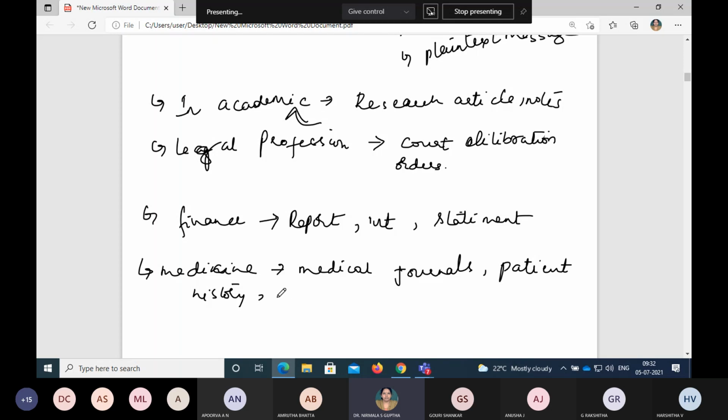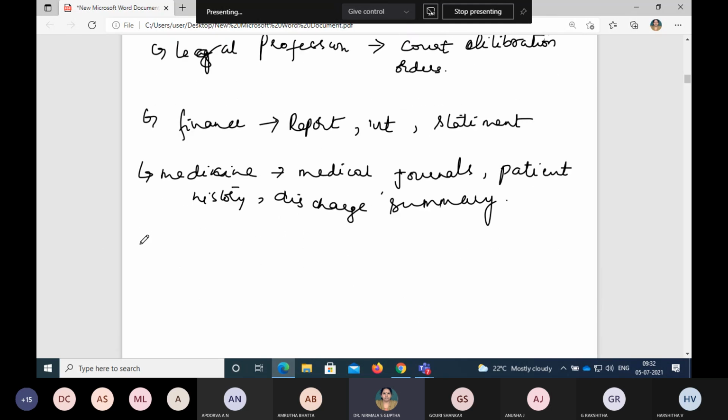Even when you are admitted and get surgery or treatment done, you will have a discharge summary. So like this, the information could relate to the medical field.